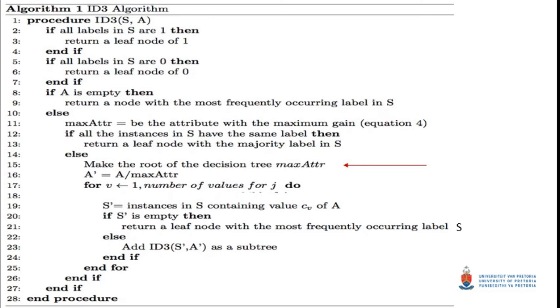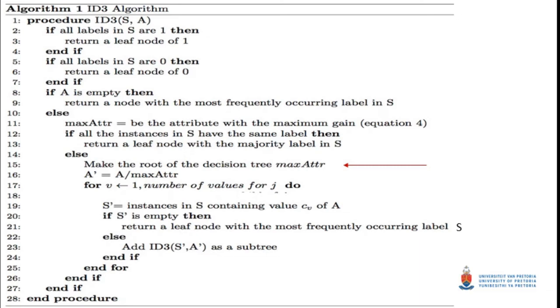Just imagine you've got your root node and you're linking via the attribute values, namely sunny, overcast, and rainy, if Outlook is the root, to the next node. If that value doesn't occur, so for example, if overcast doesn't occur in the set of training instances, then you take the most frequently occurring label, and that's the output for that node.